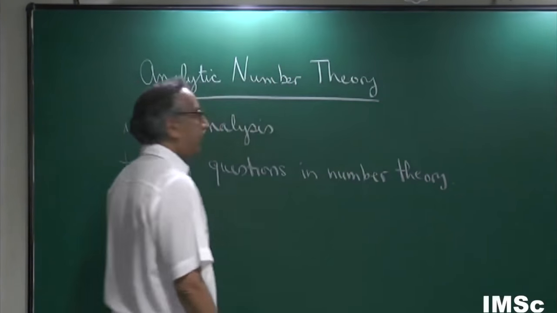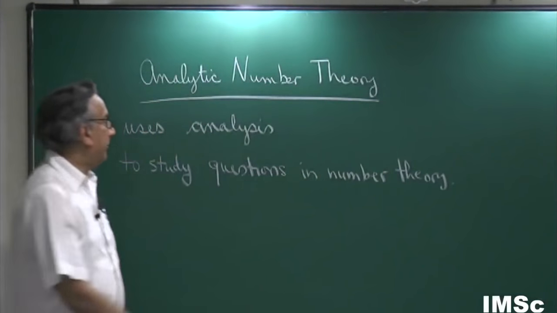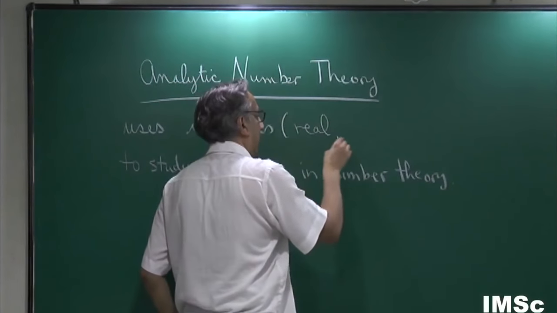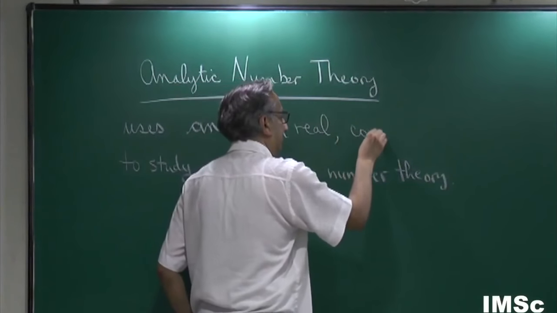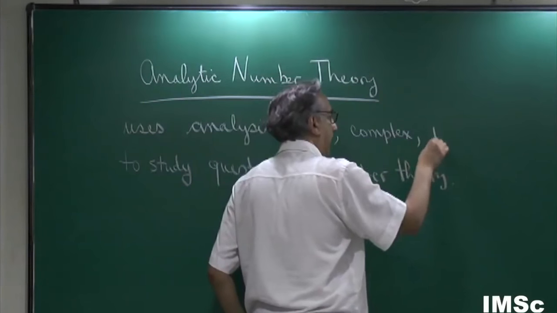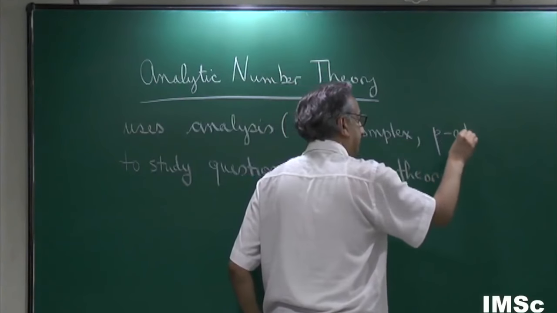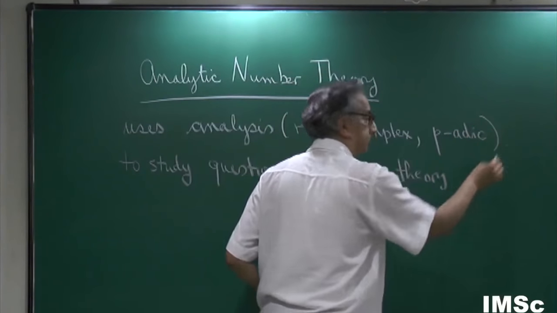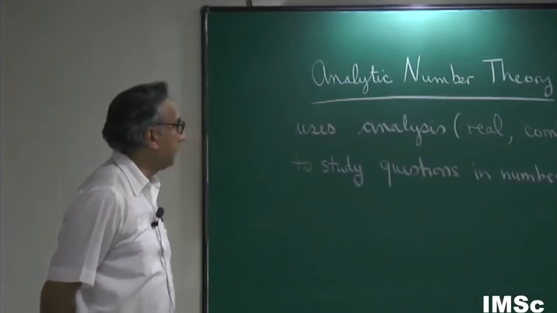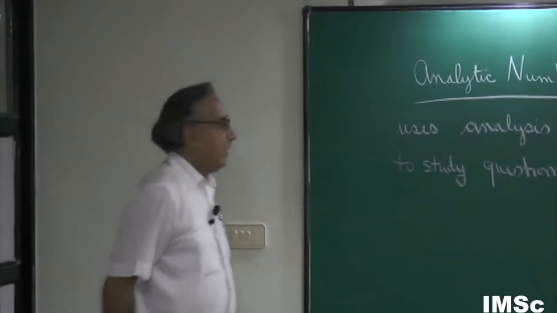Now, what kind of analysis? It can be real analysis, it can be complex analysis, or it could be p-adic analysis. So it could be any one of these types of analysis.